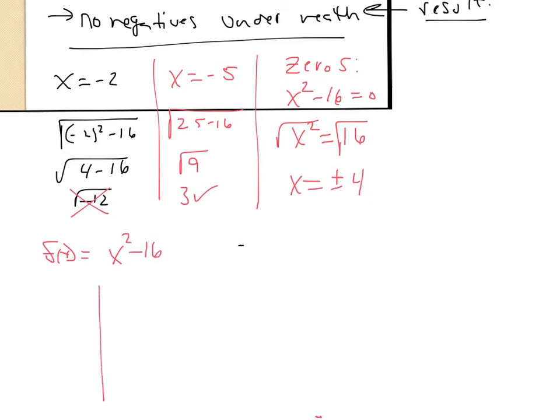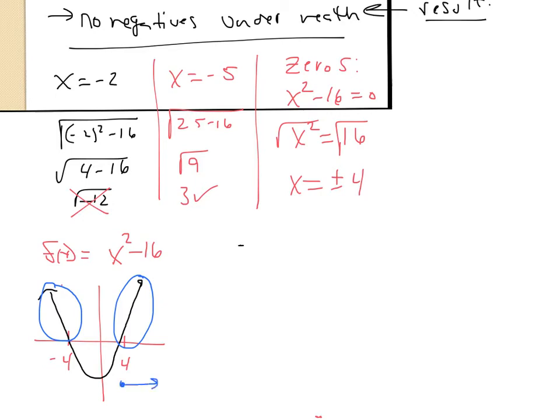If I graph it without the radical, it's a parabola that goes through these two zeros. The results that are positive are here and here. That means anything to the right of 4 and anything to the left of negative 4 for just x squared minus 16 will provide a positive value.